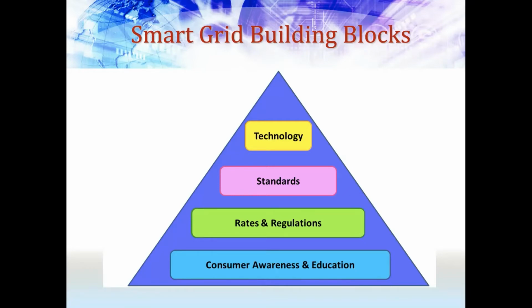Next is rates and regulations. Smart grid only makes sense if you are able to use electricity at different kilowatt rates, because prices are changing. If the price of electricity is the same 24 hours a day, then you have no incentive to store the energy and use it during peak hours because the money is the same.